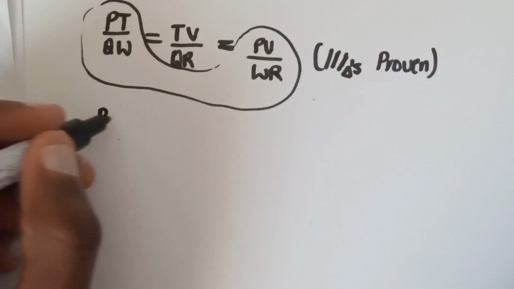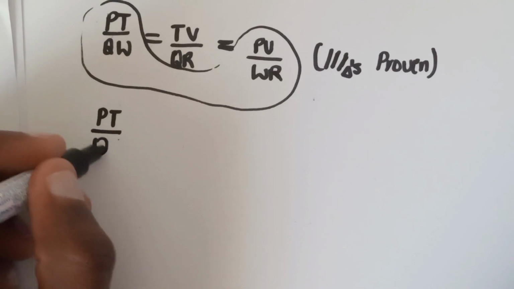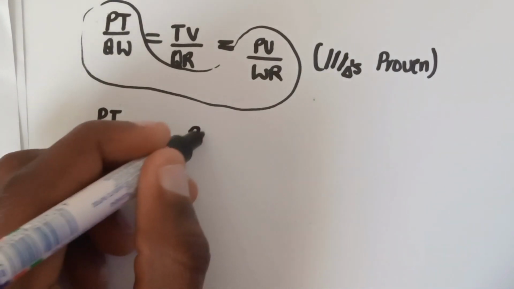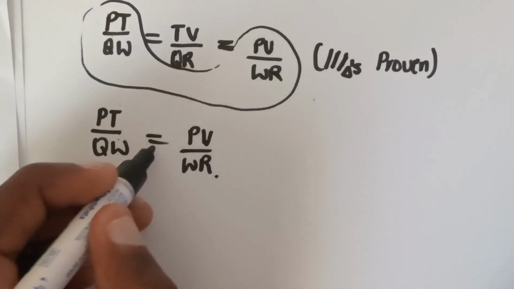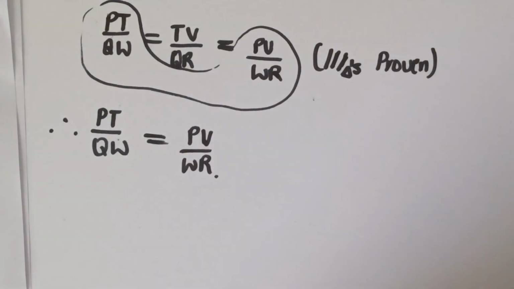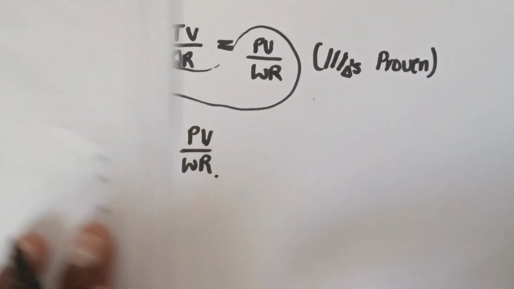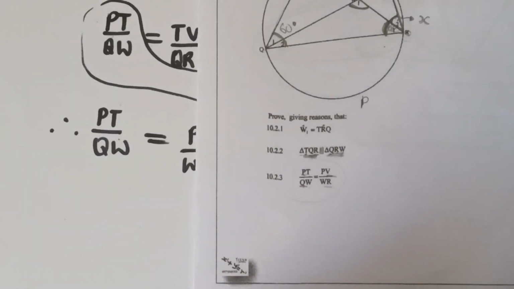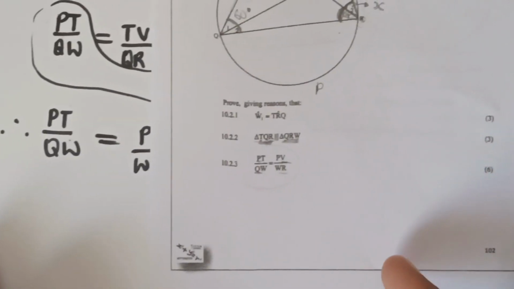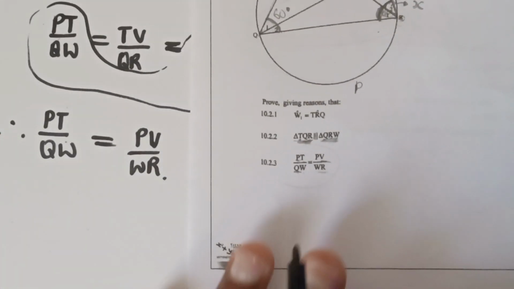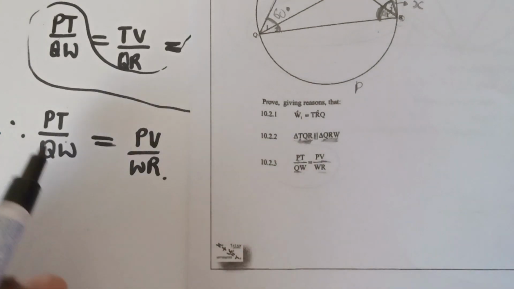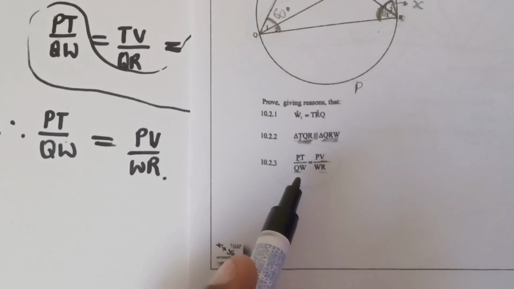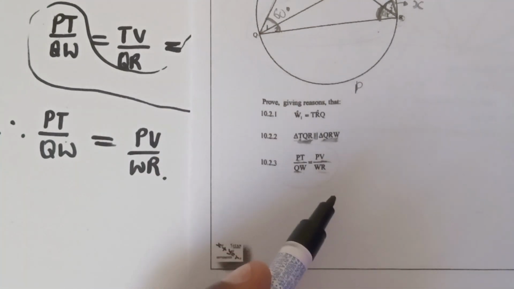So now we simply say that PT over QW is equal to PV over WR. I hope we all see that, as it is asked in the question here: PT over QW, and then PV over WR.